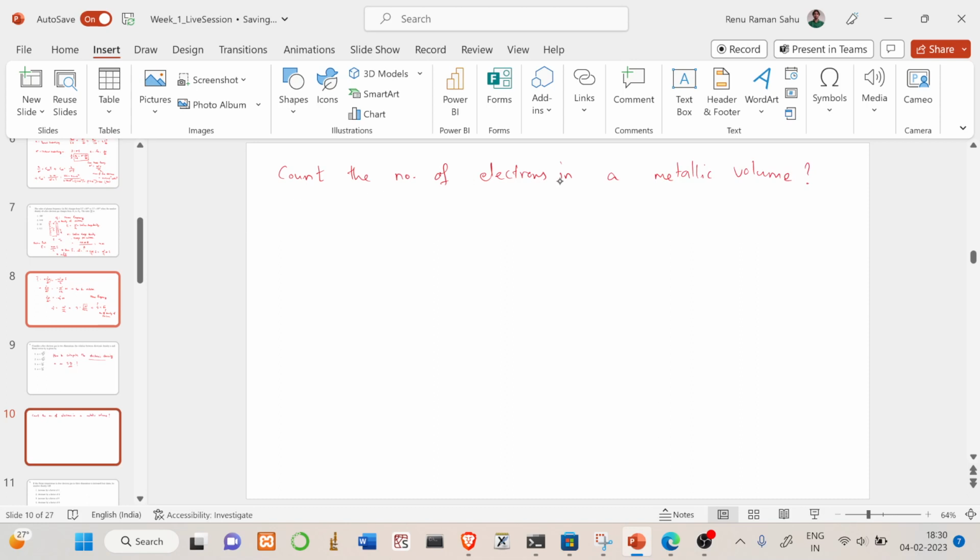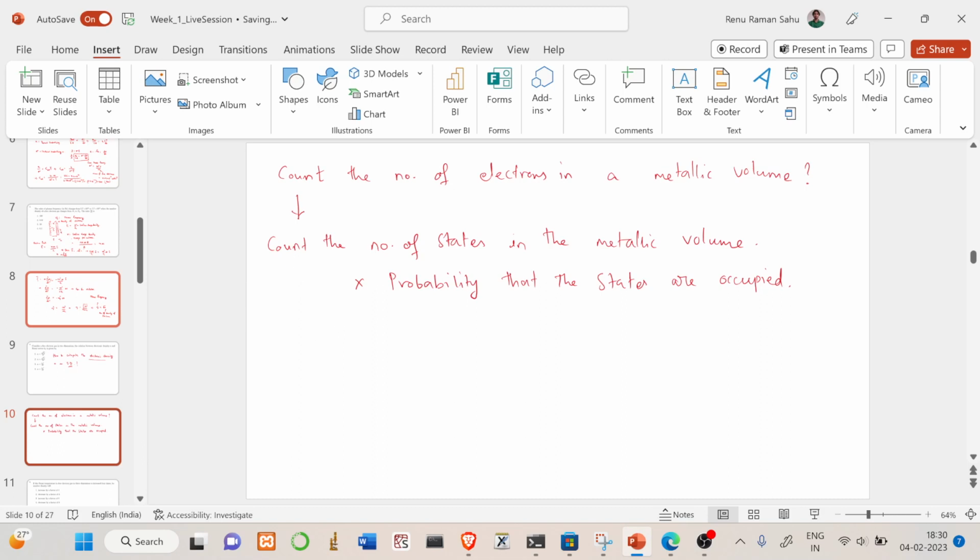Before counting the number of electrons in a metallic volume, the approach is to count the number of states in the metallic volume and multiply it with the probability that the states are occupied. This will give you the number of electrons in that metallic volume.